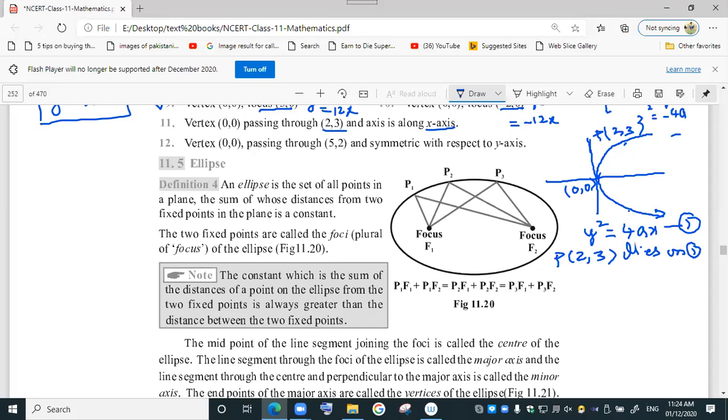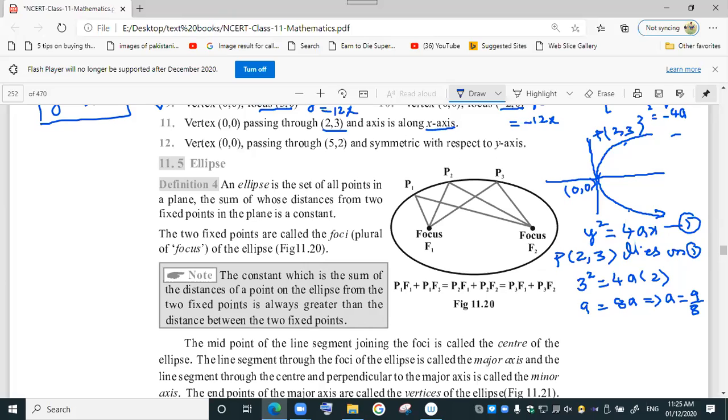Whenever any point lies on any curve, it will satisfy the equation of the curve. So x can be replaced by 2 and y can be replaced by 3. So we put 3 square is equal to 4a into 2. 3 threes are 9, 4 twos are 8a. So we got the value of a as 9 by 8.